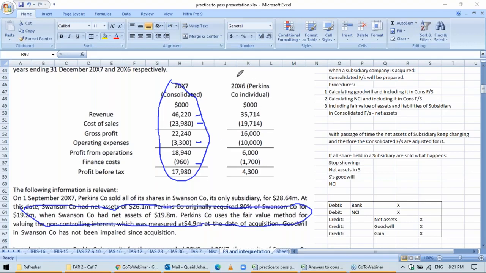Now, if you note over here 2006, these figures are just pertaining to the individual Perkins figures. So are these two comparable? These two are not comparable.